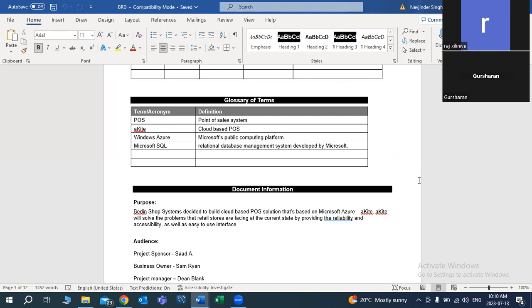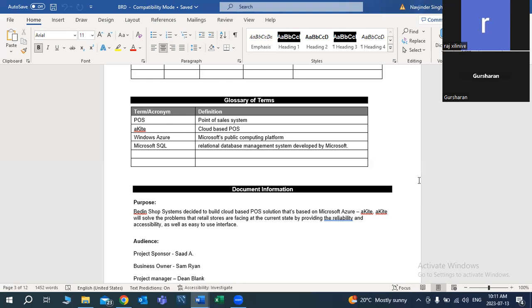Next, we have used SQL, Microsoft SQL and so on, which is used for structured query languages, like database management. So whatever terminologies we use in the project, we have to mention them followed by their definitions.